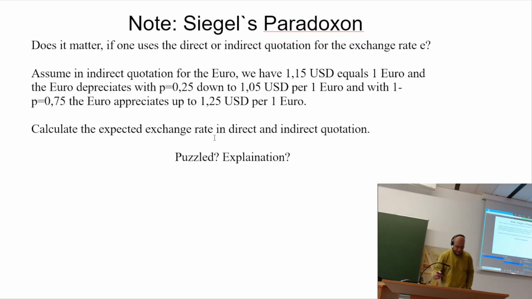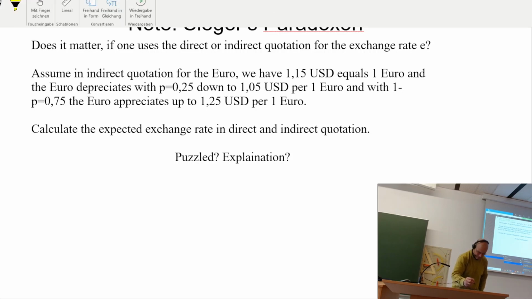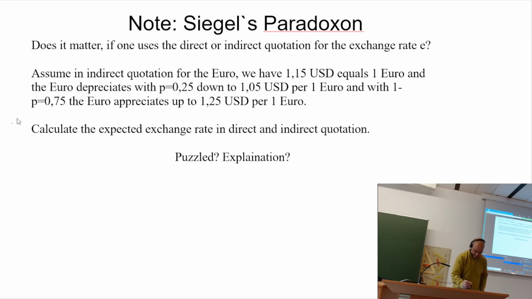But yeah, let's do just a simple example, assuming that we have the indirect quotation for the euro, and let's assume the exchange rate to have some higher value, 1.15 US dollars equaling 1 euro.